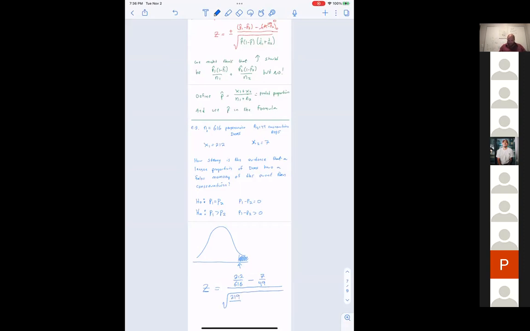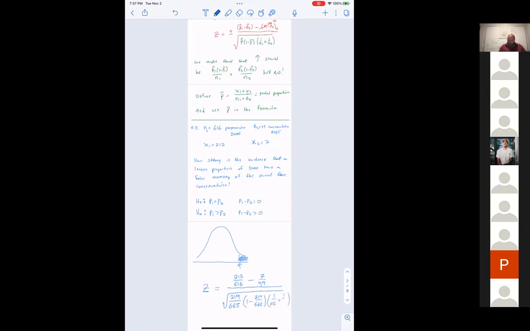219 over 665, times 1 minus that same number, times 1 over N1. What's N1? 616.